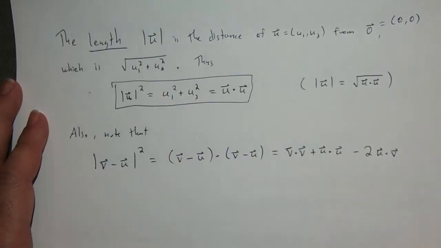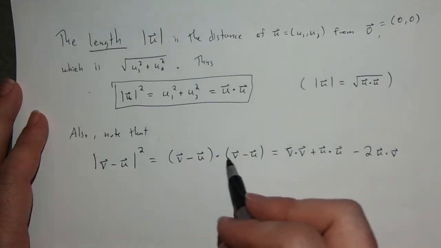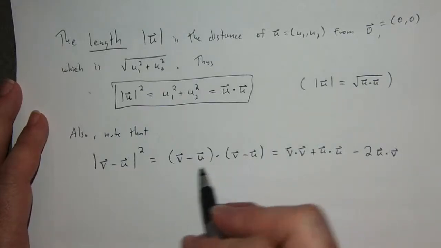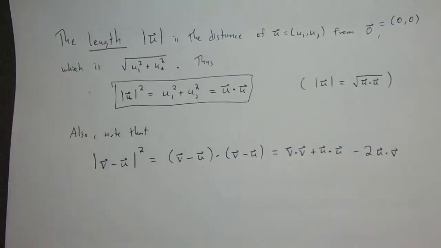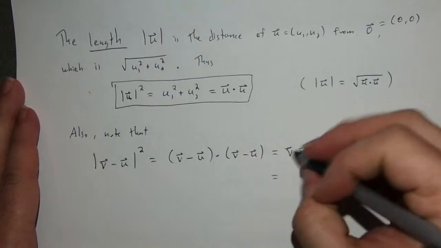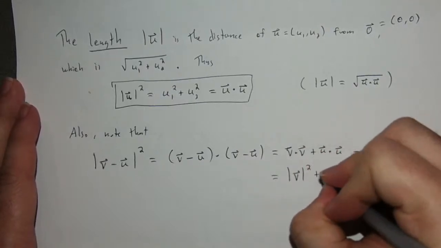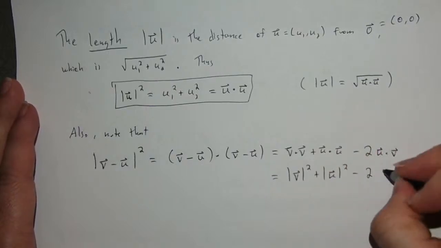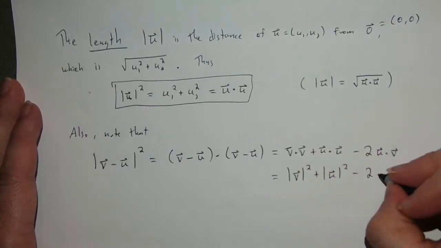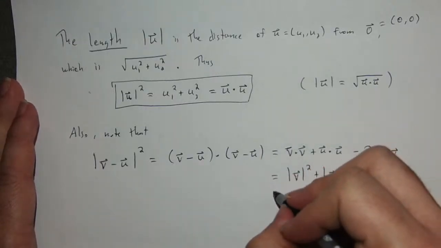I'm using the fact that u dotted with v is the same thing as v dotted with u. So when I subtract u dotted with v and v dotted with u, I get the same thing, so this is minus 2 u dotted with v. But I can replace these: this is the length of v squared plus the length of u squared minus 2 times u dotted with v.